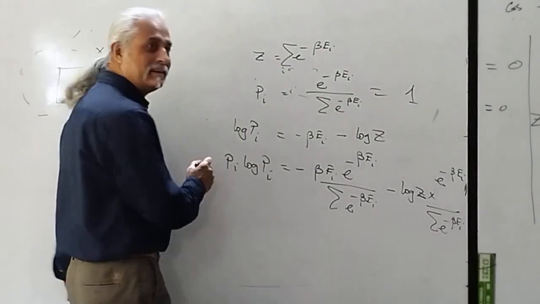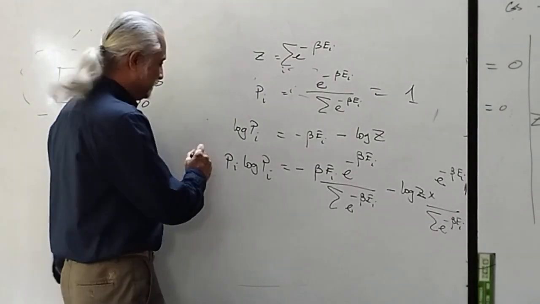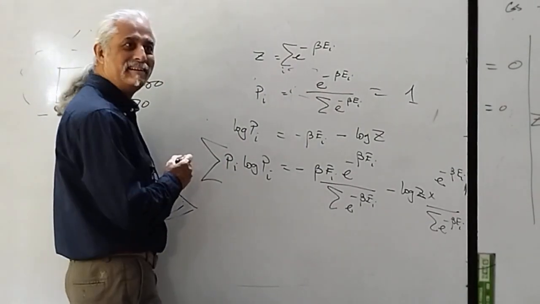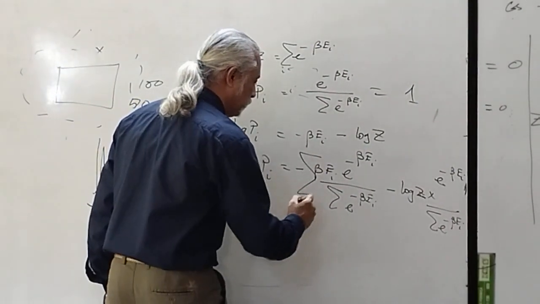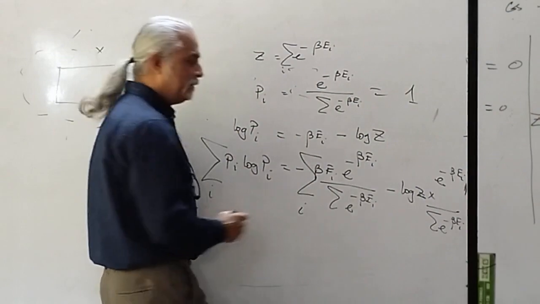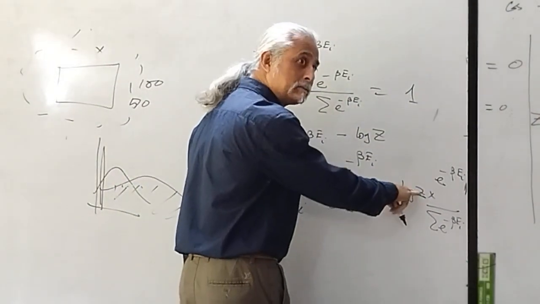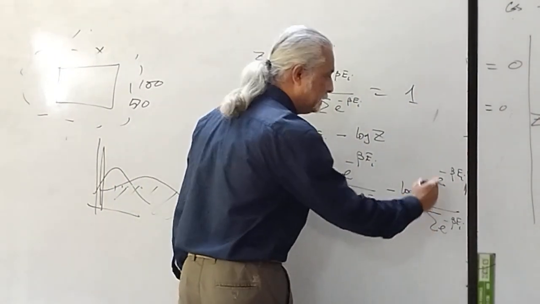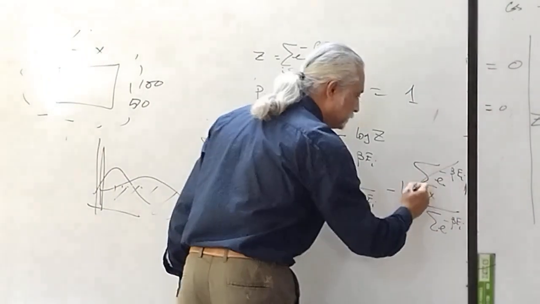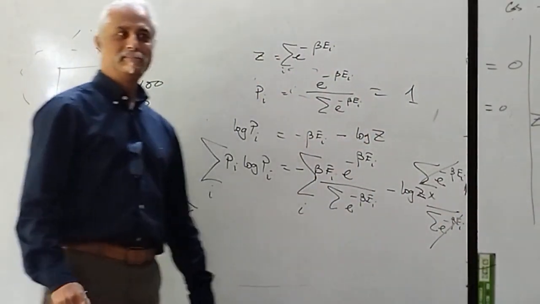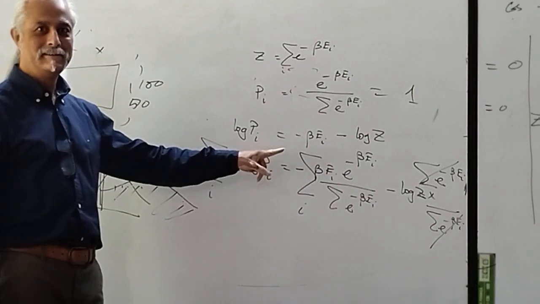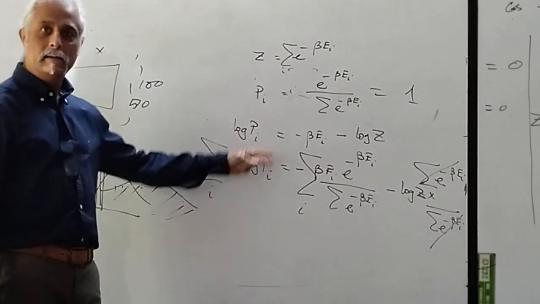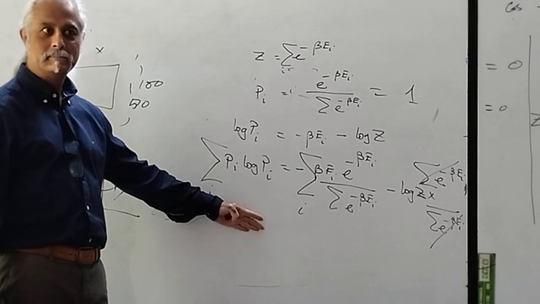If I now sum over i, there is no sum in Z, so I sum over i, and this sum and that sum will cancel out. This is lots of gymnastics here, but at the end of the day we'll have a good expression.